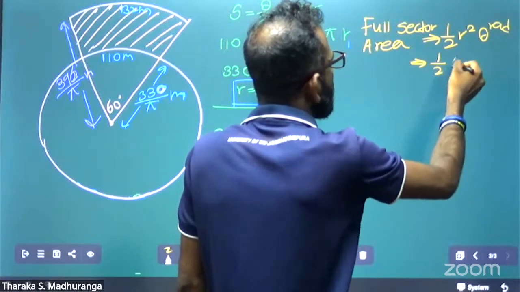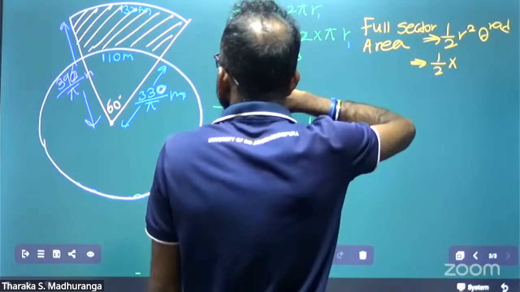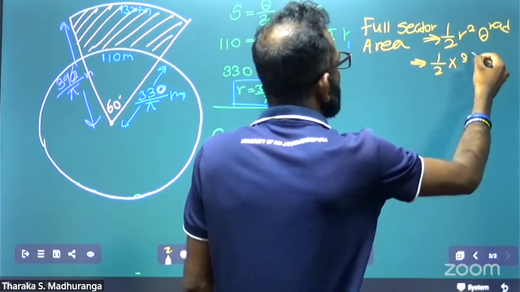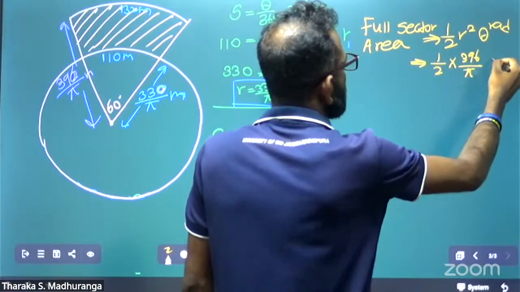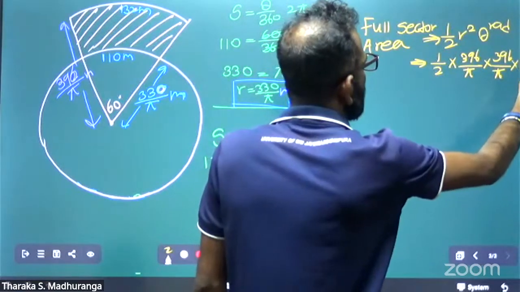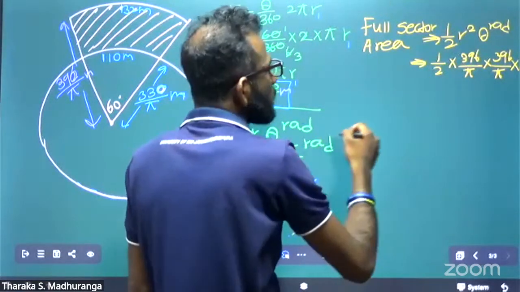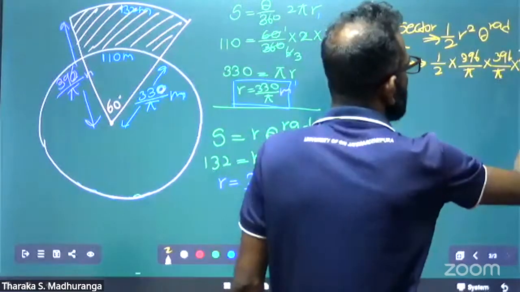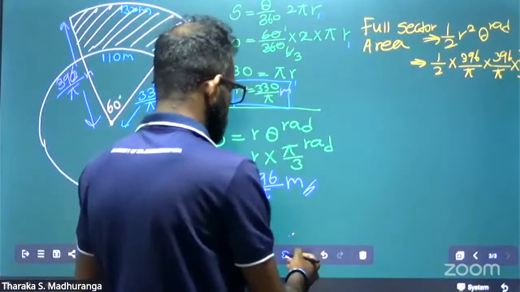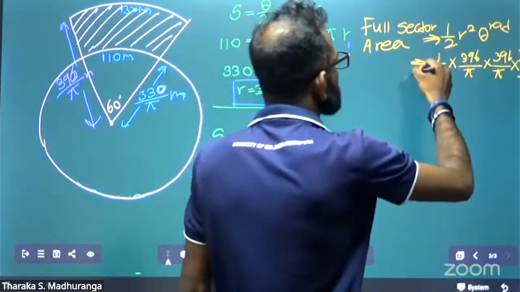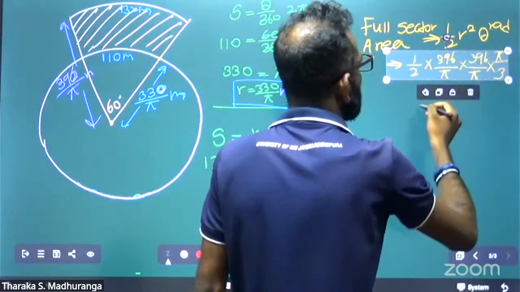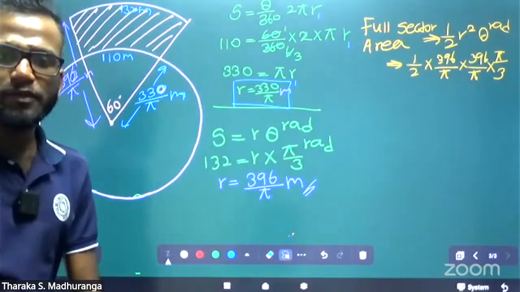Half into r square, for the full sector, theta is 5 over 3 radian, so 396 over 5 into 396 over 5 into 5 over 3 radian.